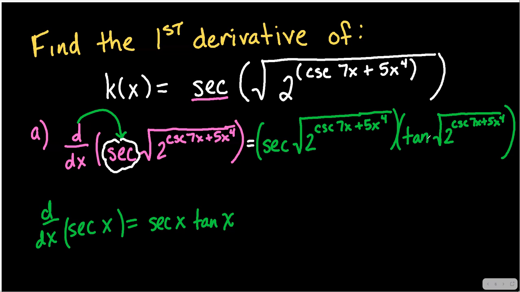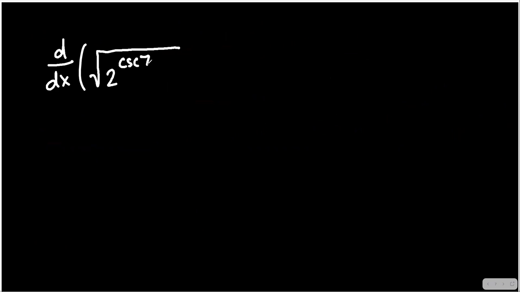Now we're going to go inside and look deeper into this, because remember, this is nested within one another, so we've got to do a derivative with the inside. I'm going to look at the first derivative of that inside piece, the square root of 2 cosecant 7x plus 5x to the fourth.